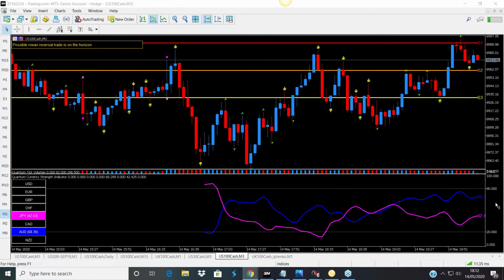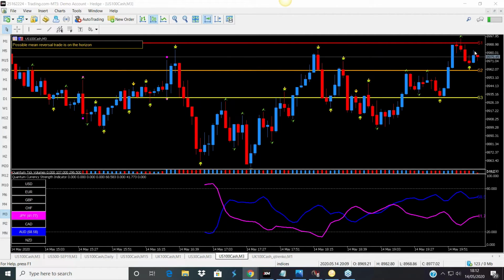At the moment, what I'm seeing on my 3 minutes is the lines going in the same direction. That is telling me that we're in a congestion. We can see clearly here on the MT5 version of the Camarilla, we are between two significant levels, the S1 and the S2.